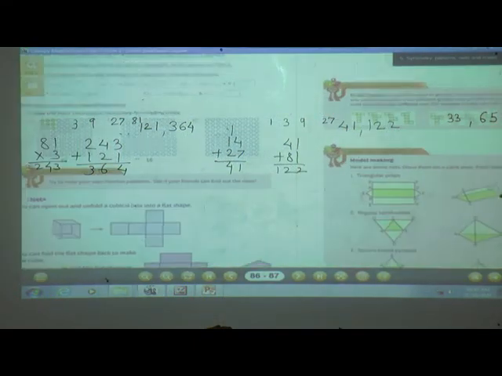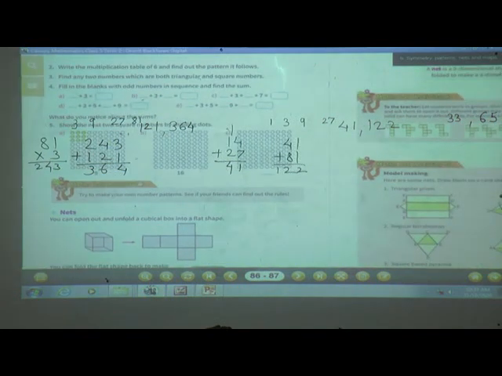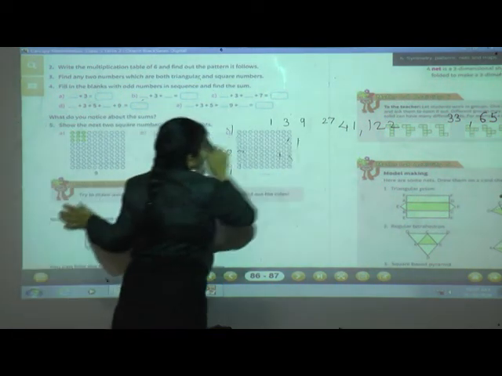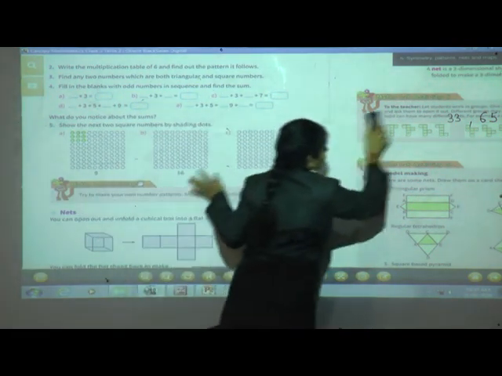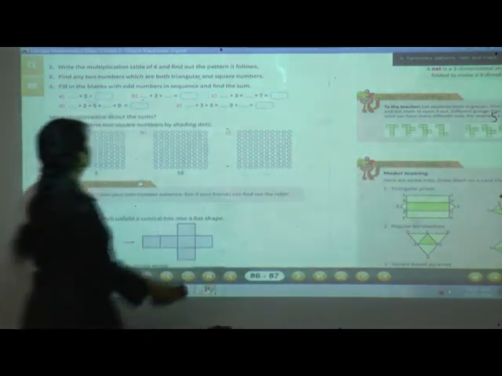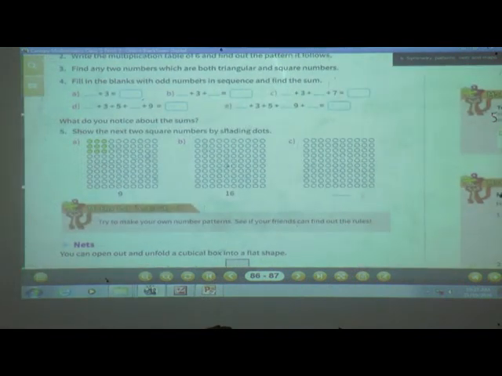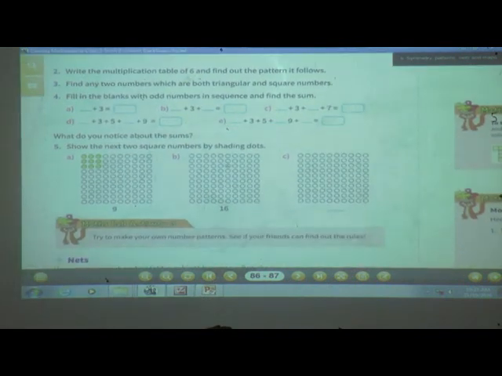Write the multiplication table of 6 and find out the pattern it follows. Okay, see here. Write the multiplication table of 6 and find out the pattern it follows.